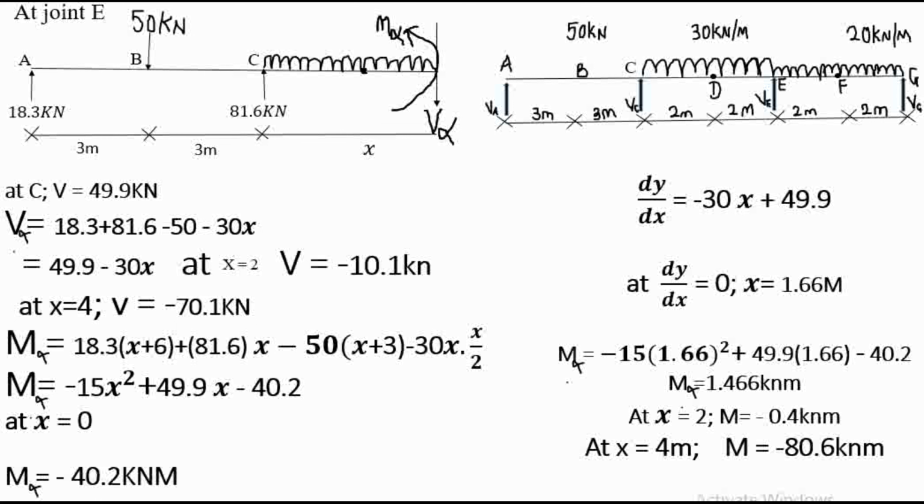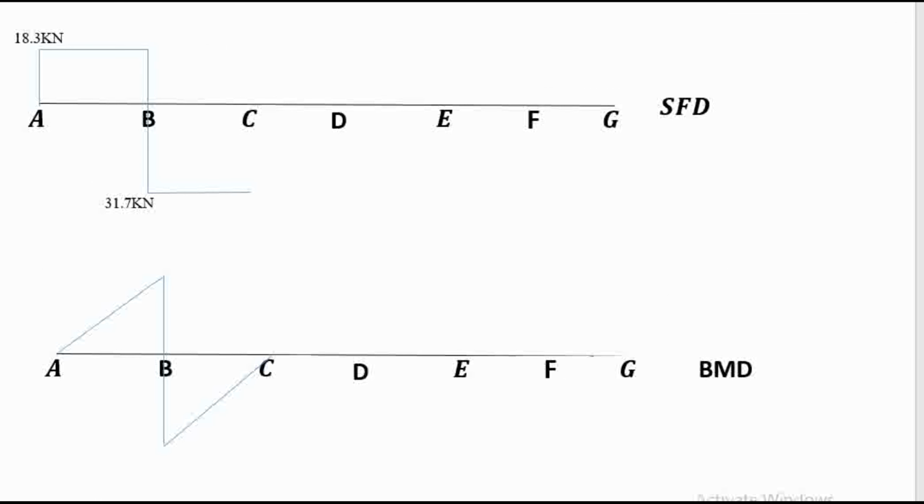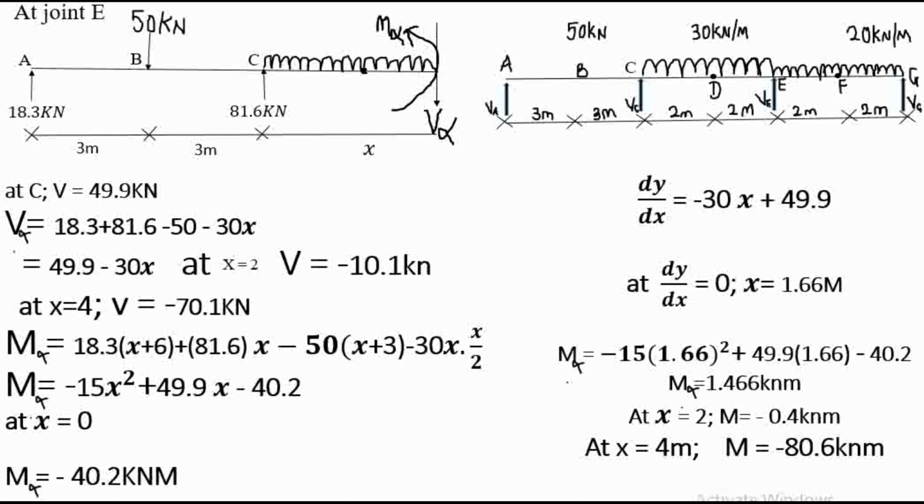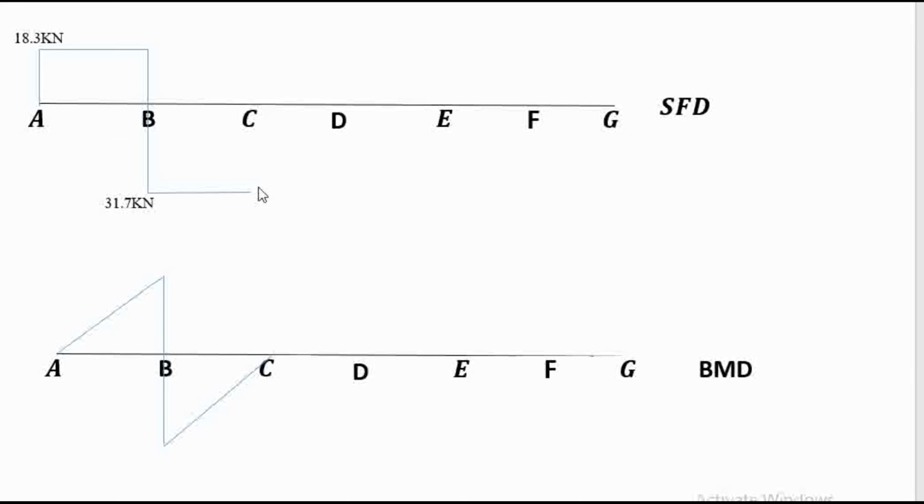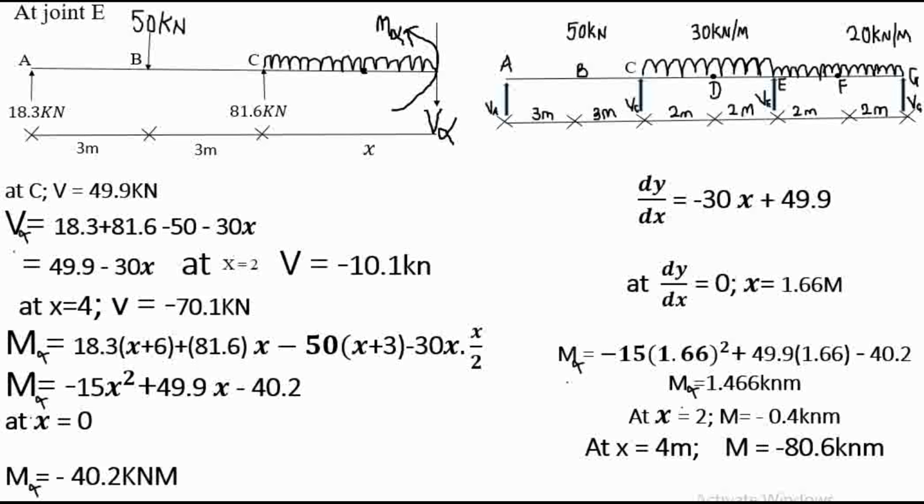Make sure that is well represented in the shear force diagram. We know that in the expression we have 49.9 kilonewton. It means that it's going to go up far above 18.3 kilonewton, because 49.9 kilonewton is above 18.3 kilonewton. So we'll draw our line and extend it upward. Then we'll go back to the expression and continue from where we stopped.